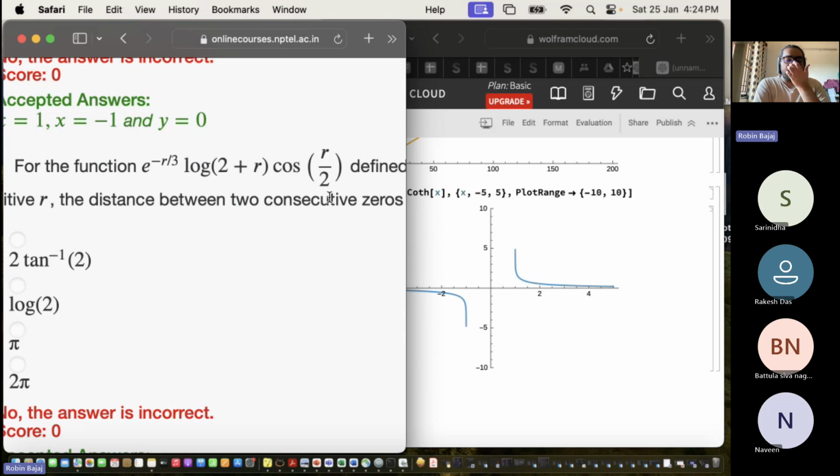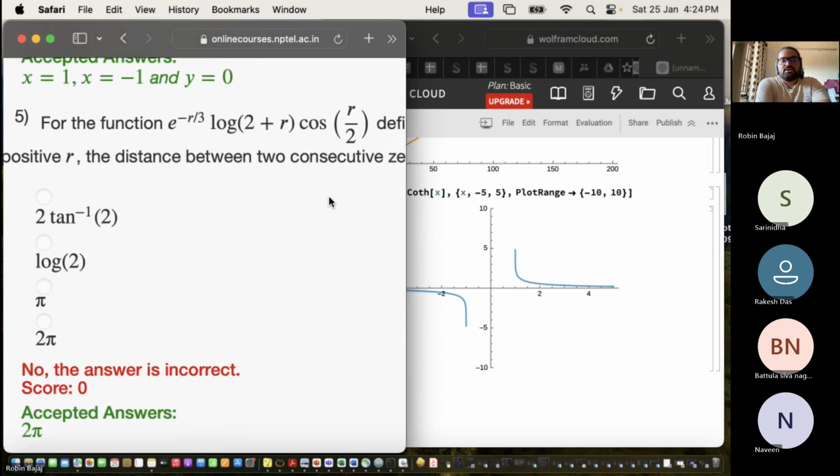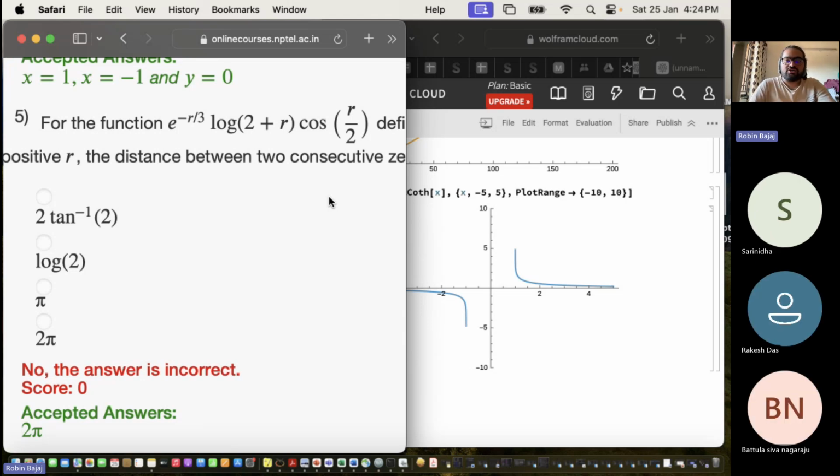And cos x by 2 has a periodicity of what? Anyone? Simple physics, maths. Cos x has a periodicity of 2 pi. So cos x by 2 has a periodicity of what? 4 pi.